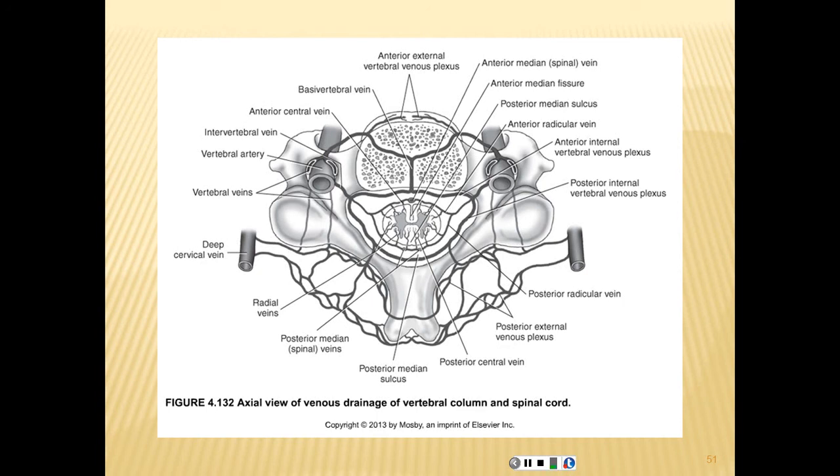Because the vertebral venous plexuses are valveless, an increase in intra-abdominal pressure, such as coughing, may cause backflow of blood into the basivertebral veins of the spine or dural sinuses of the brain. So remember that the veins move blood back to the heart through muscle contractions, movements, gravity, things like that.